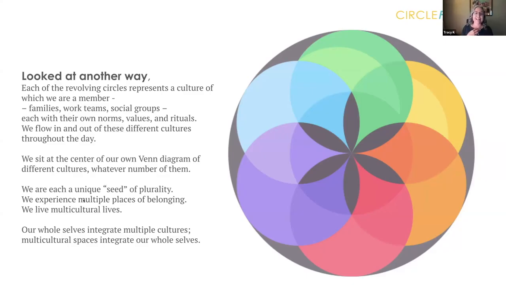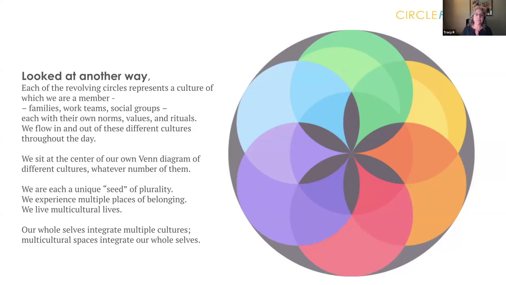So we're each a unique seed of plurality, experiencing multiple places of belonging and living multicultural lives. Our whole selves integrate multiple cultures, and multicultural spaces integrate our whole selves.